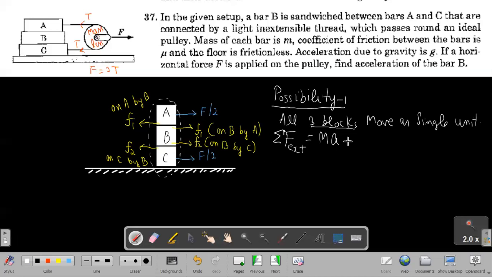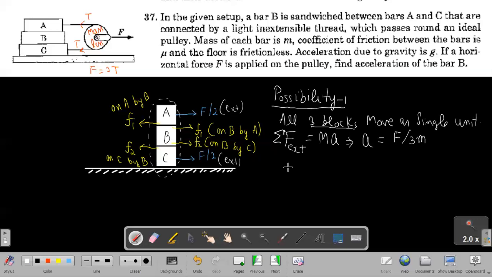And so we can simply find the acceleration of the entire system as the total external force. F by 2 is an external force in this case, and this F by 2 is also an external force. So the total external force will be capital F, and the total mass as a single unit will be 3m. So the acceleration of the system is F over 3m if friction is successful in preventing the relative motion between the blocks.